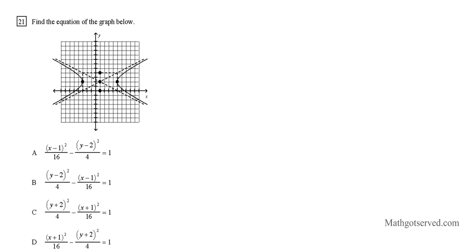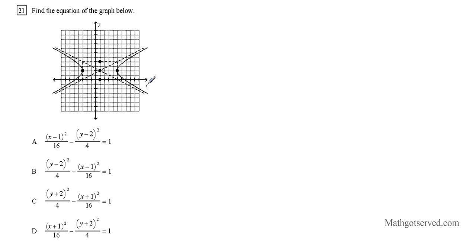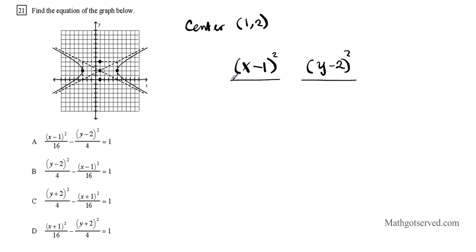Now, find the equation of the graph below. First we need to find the center. The center is at 1 and 2. So we're going to do the opposite. So the center is at 1 comma 2. So we'll do the opposite, x minus 1 and y minus 2 squared. What goes on the bottom is the square of the movement, right?